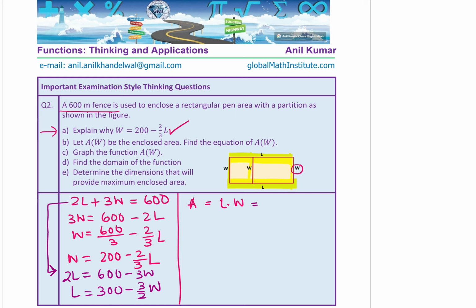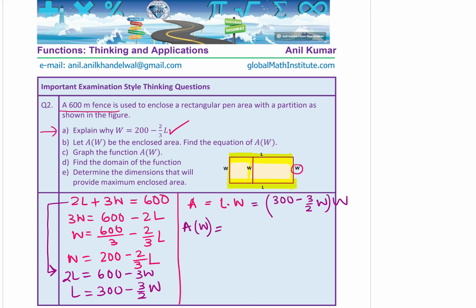So the area now can be written as, instead of L, we could write 300 minus 3 by 2 width times width. You get this idea. So if you write it in terms of W, then it becomes area as a function of width.